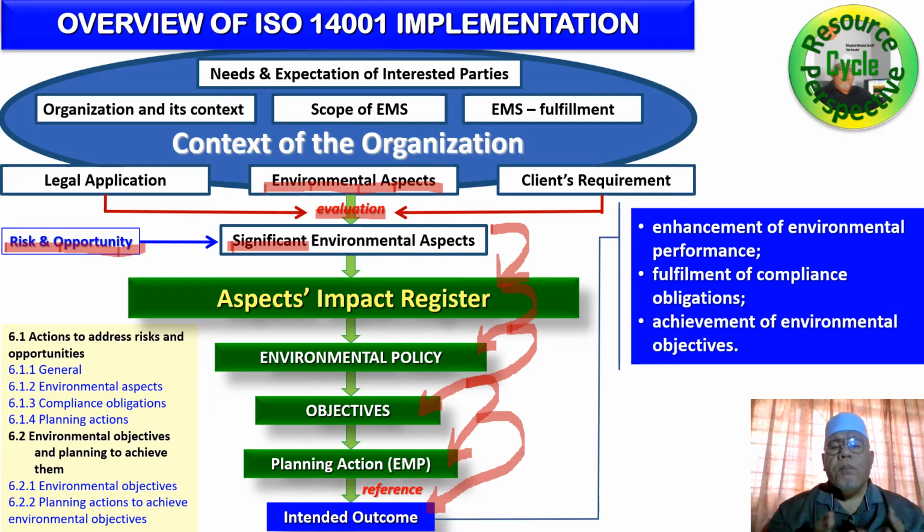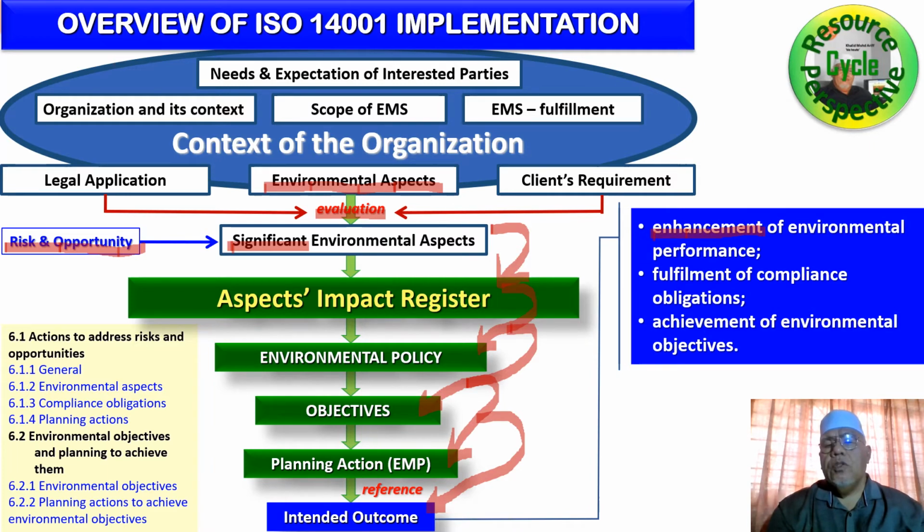It must complement the intended outcome, because somewhere in our objective we have to include enhancement of our environmental performance. It has to include upgrading our level of environmental achievement. Our level of environmental management has to be improved, continual improvement.